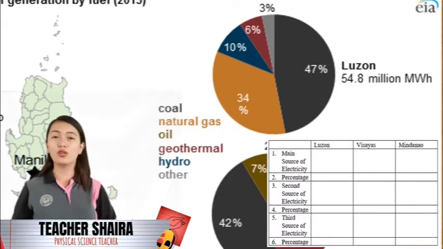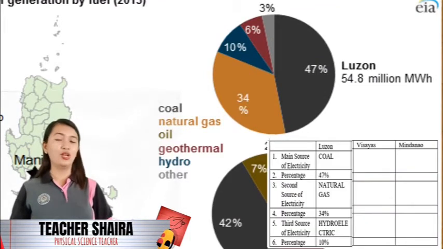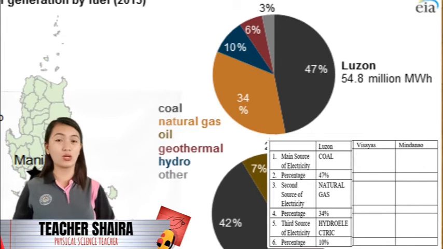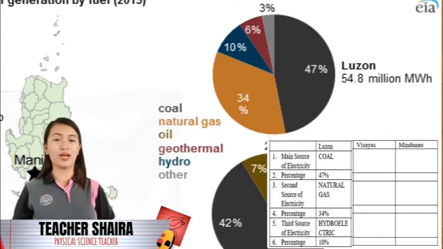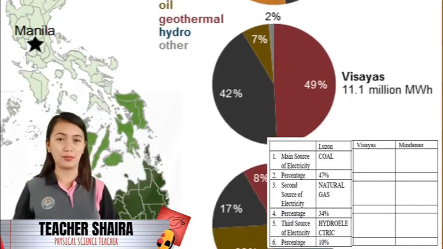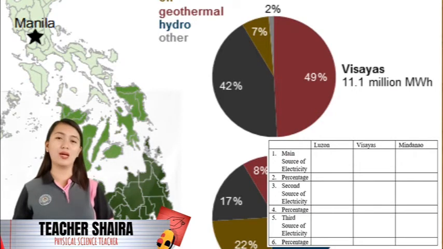First up, Luzon. Luzon's main source is coal, which is 47% of their energy sources, followed by natural gas, which is 34%, and then we have hydroelectric, which is 10%. Next up, we have Visayas.